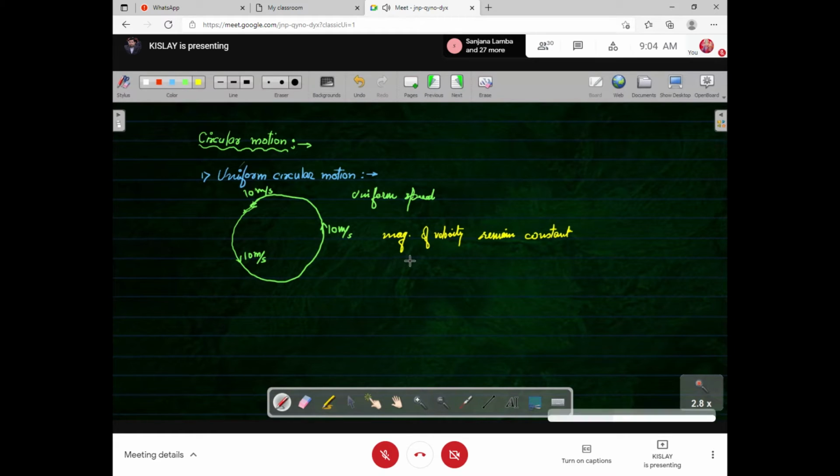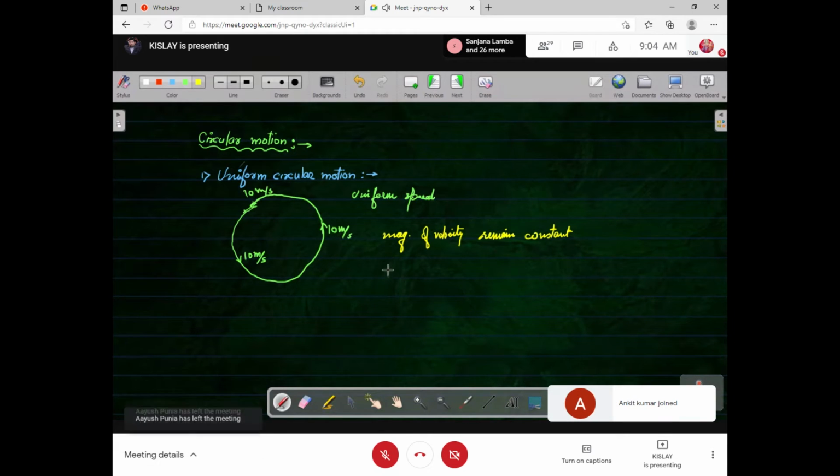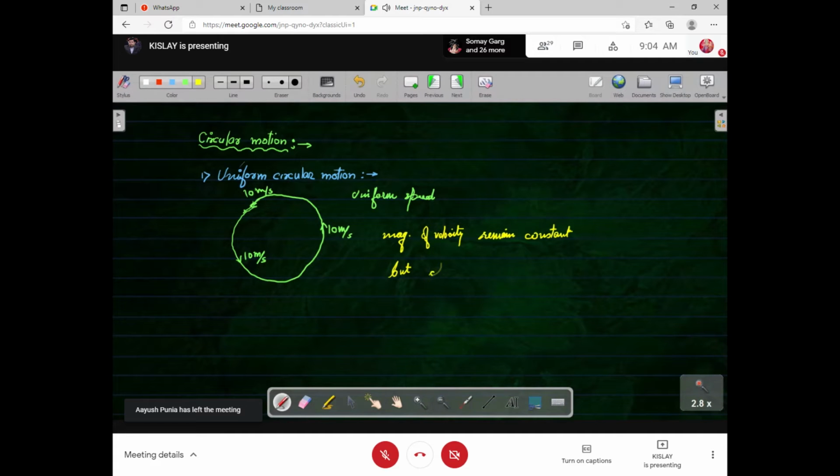Direction is continuously changing. So we can say speed is uniform, speed is constant, but velocity is not constant.